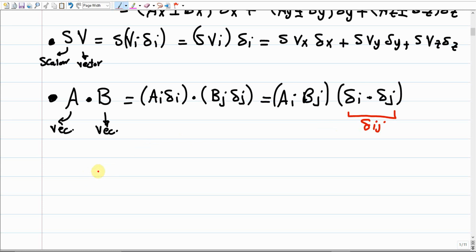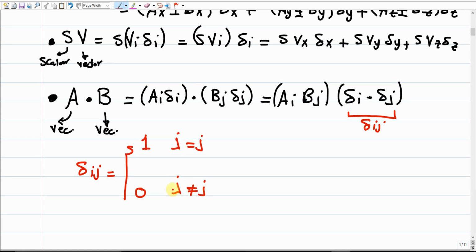What is the canonical delta? Delta Ij is one of the important parameters that you should understand. It should be either 1 or 0. It is 1 in case that I equals J, but it is 0 in case that I is not equal to J.